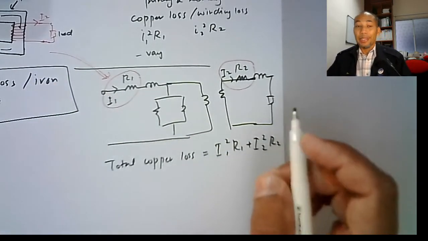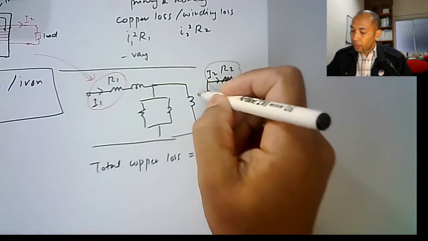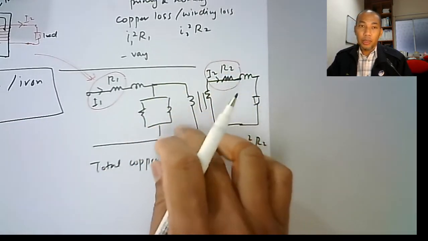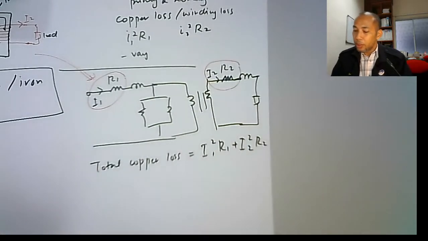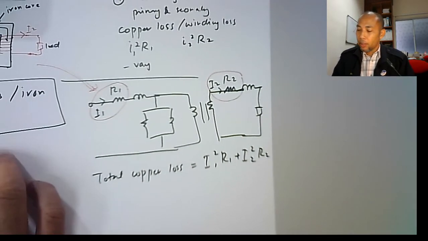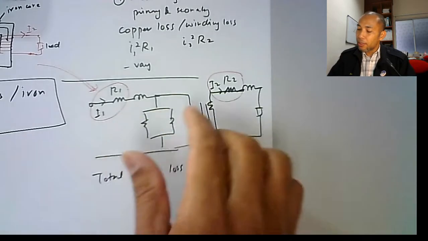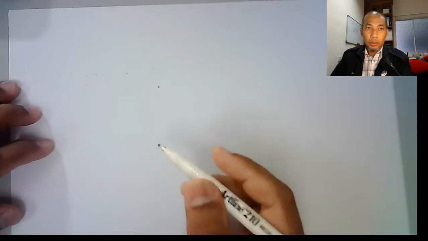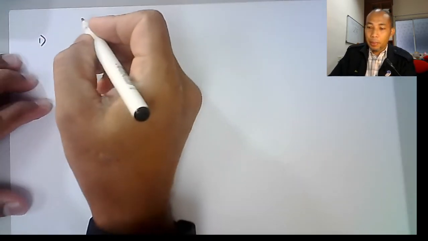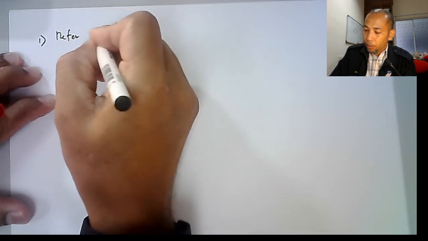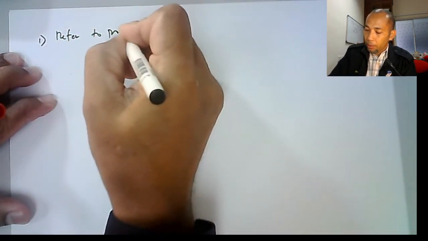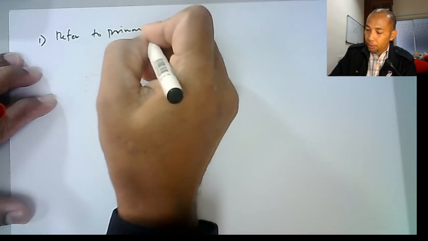Again, look here. In this transformer, the circuits are isolated. To make it easier, we can combine and simplify this to an equivalent circuit. First we refer to the primary section.